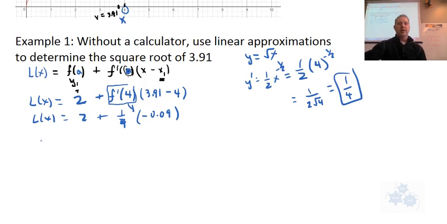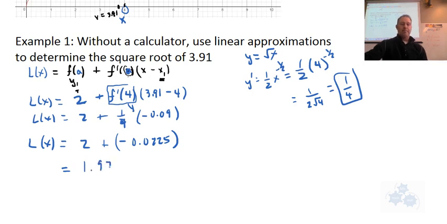All right, so this should give us the approximation that we're looking for on our graph. So what's that going to be? 2 plus, what's that going to be? Negative 0.0225, and so this is going to be 1.9775.